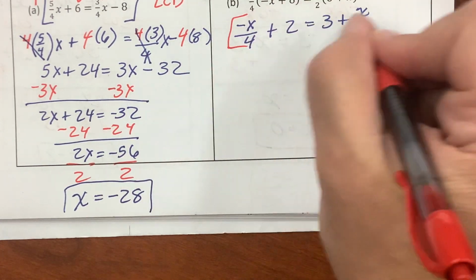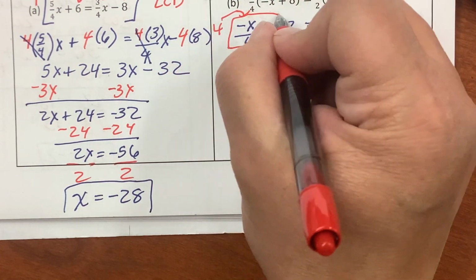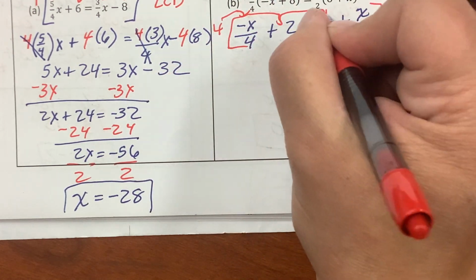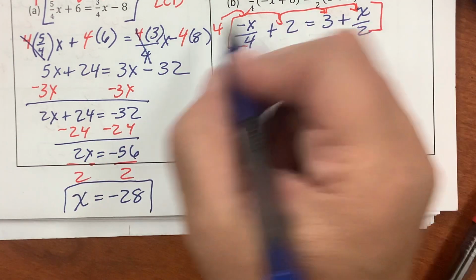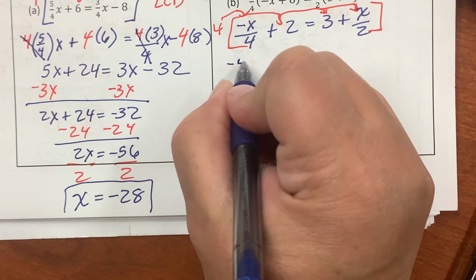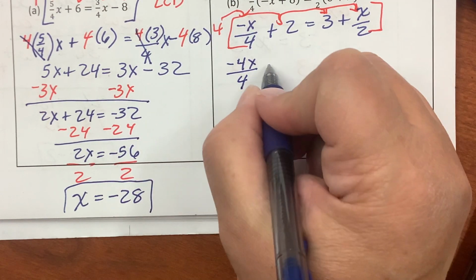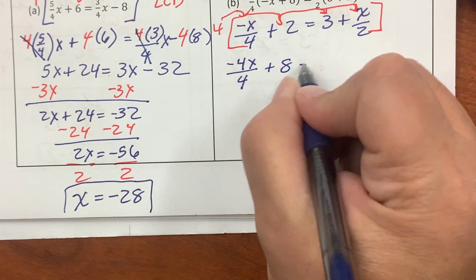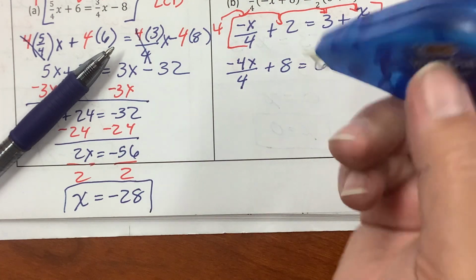So everybody times 4. 4 times negative x over 4, 4 times 2, 4 times 3, and 4 times x over 2. Okay, negative 4x over 4 plus 8 equals 12, not 6. 4 times 3 is 12.